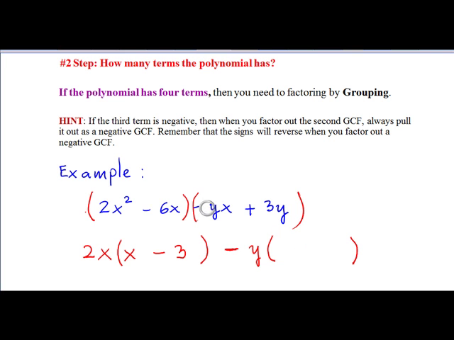So if you have a minus term here, it becomes a positive term, so a positive x. I pull out a y already, one x left. Right here, you pull out a y, you have 3. This was positive, it becomes a minus, like that. You always check your answer by taking minus y times x is a minus yx, and minus y times minus 3 is a positive 3y.